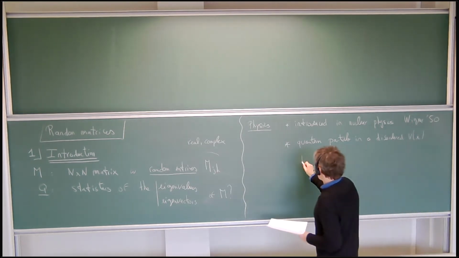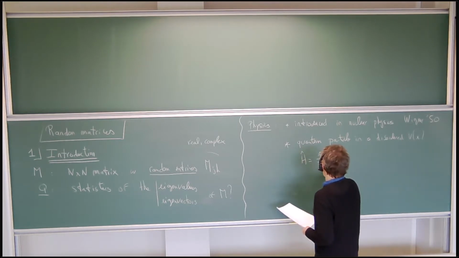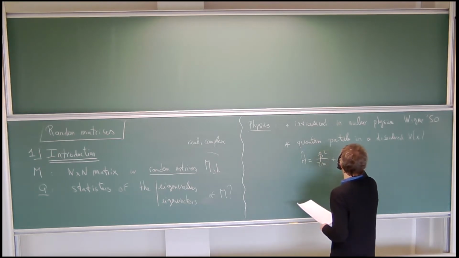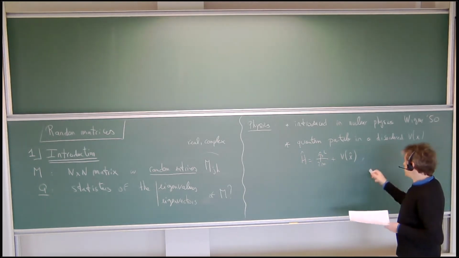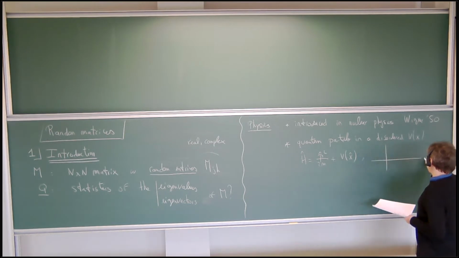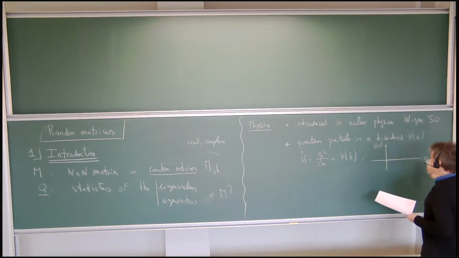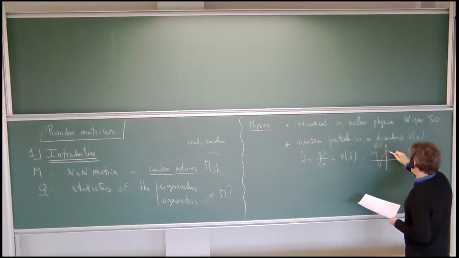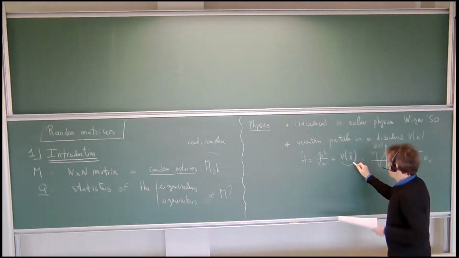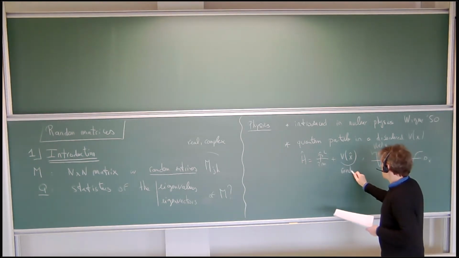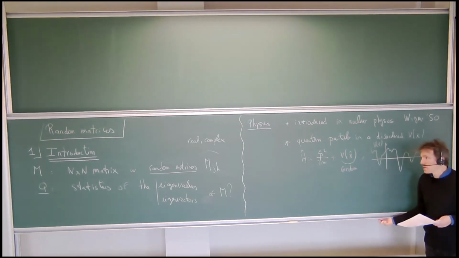Typically you could look at a very simple problem where you would look at such a Hamiltonian here, but where the V, because of the presence of impurities, is a random function which typically would have this kind of shape here. So that's related to some problems that we have studied.